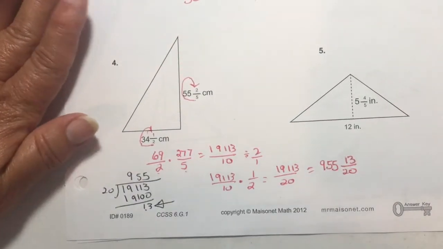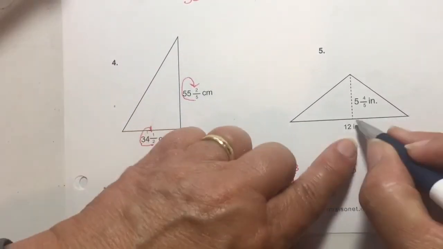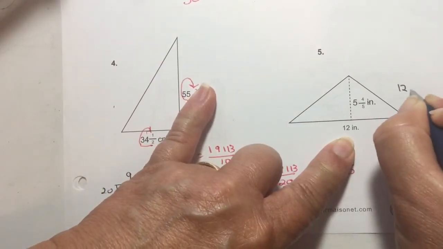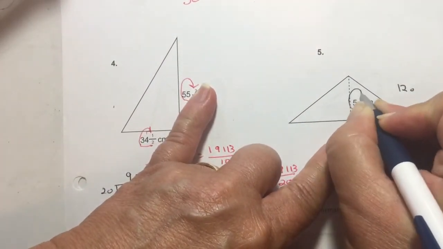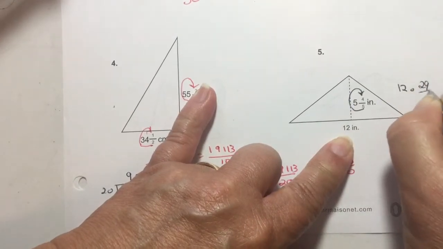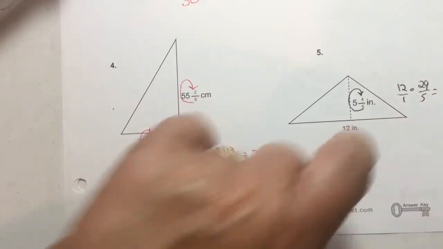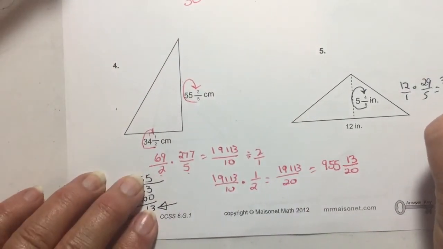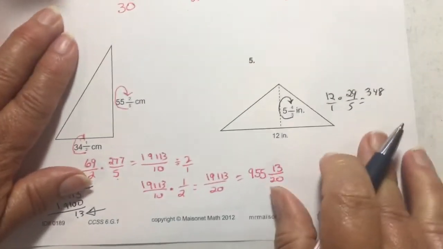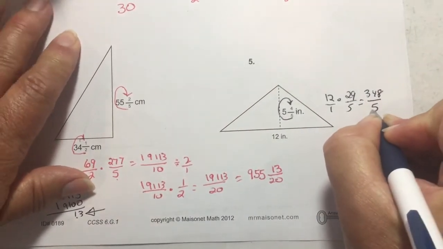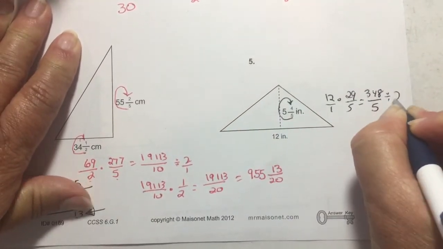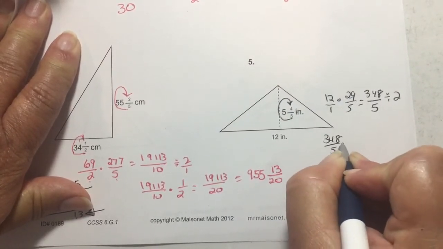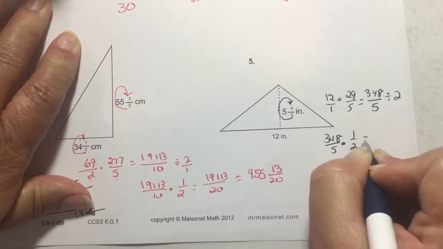Okay, let's do number 5. Base times height, 12 times 29 fifths, which is 25 plus 4 over 5. 12 times 29 is 348. 1 times 5 is 5. Now, divided by 2. Stay, switch, flip.